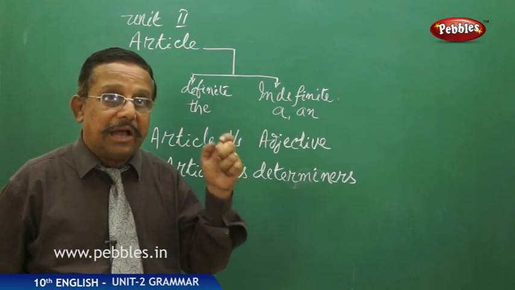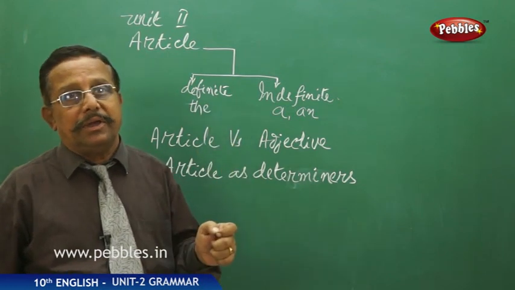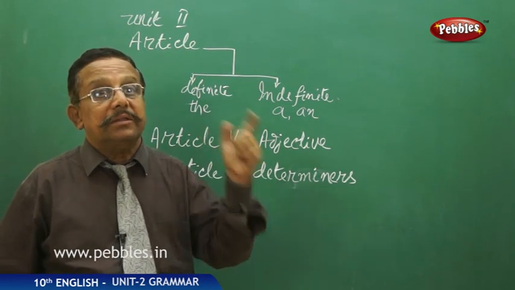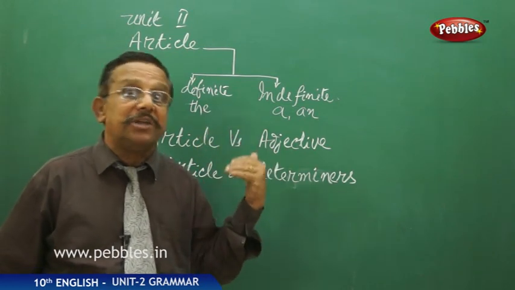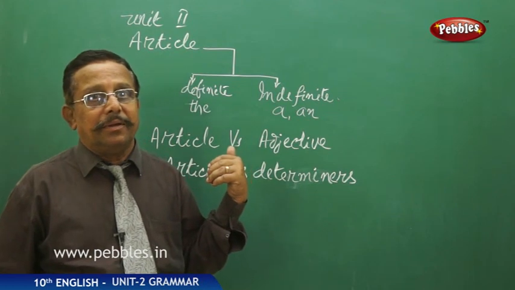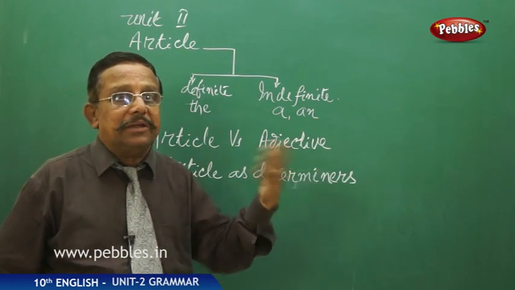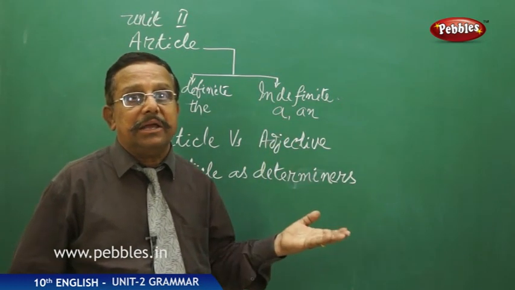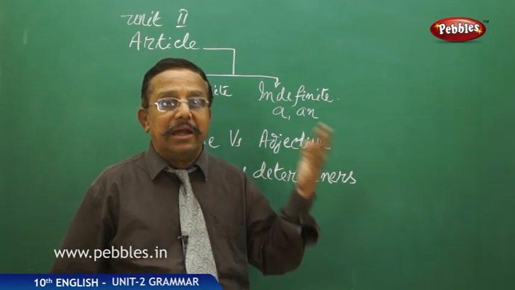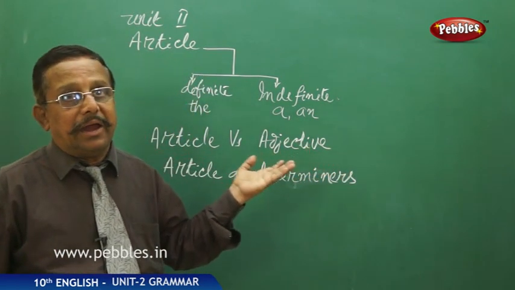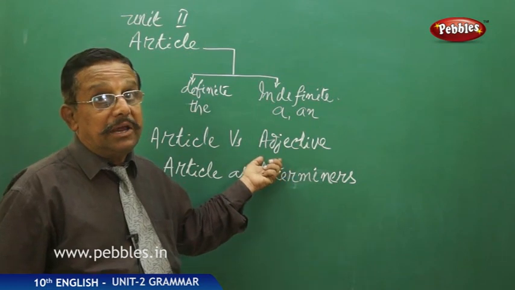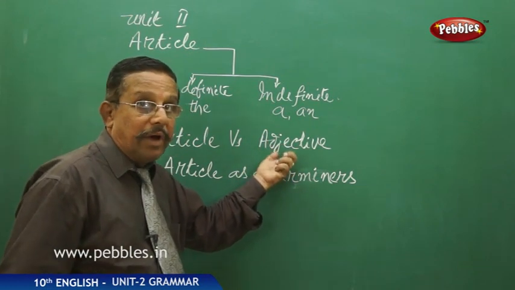Article comes before the noun and it points out, it determines, it shows the noun and hence it is an adjective. But adjective is not article because it shows the quality, the quantity and the number, and likewise. Now, what is the second difference between article and adjective? First is, it talks about the quality and quantity.